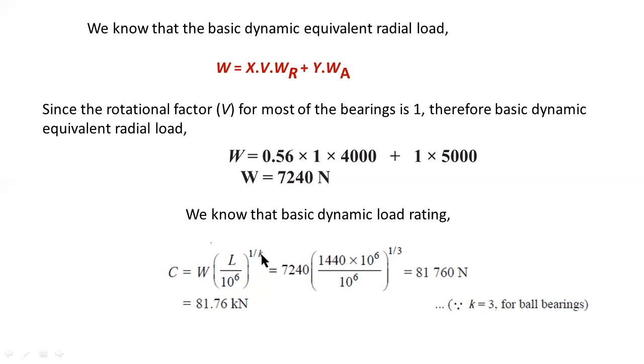In our question ball bearings is given, so you consider k equal to 3. The final answer for capital C equals 81.76 kilonewtons. This is the answer for the basic dynamic load rating.